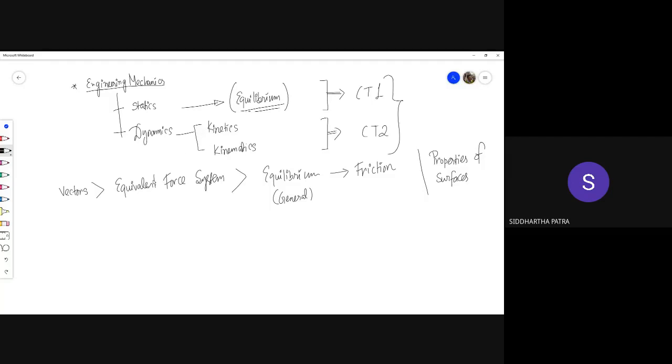Okay, but that subject is important for more advanced topics in engineering mechanics. Also, a little bit of application of properties of surface is there in equilibrium. Okay, but mostly this topic is important for an advanced subject called solid mechanics or strength of materials.